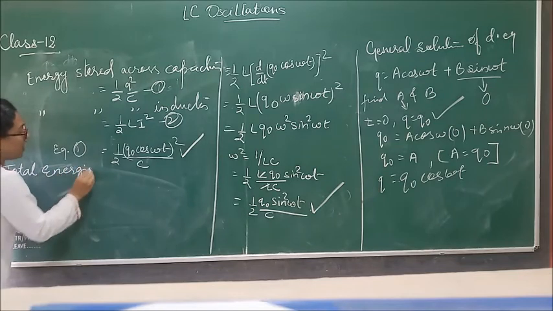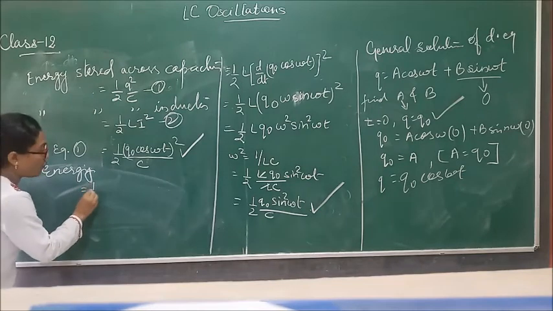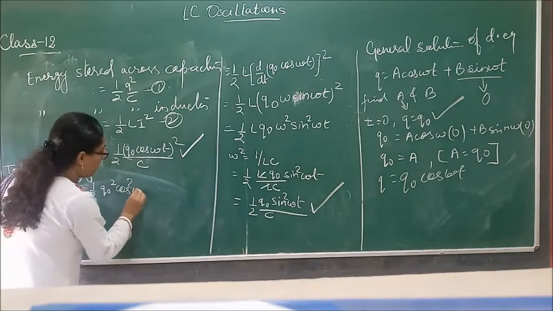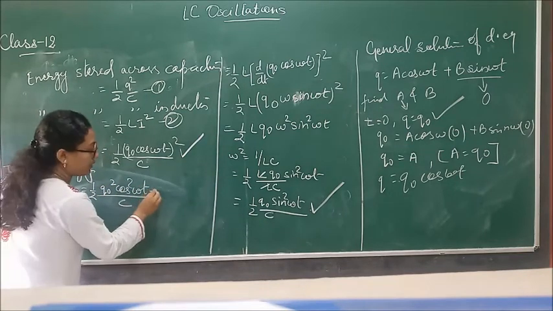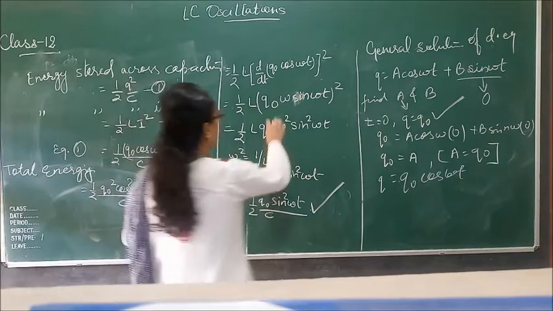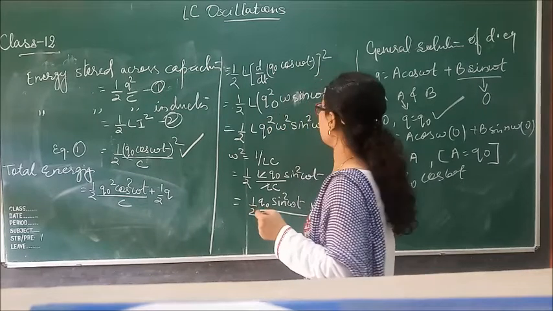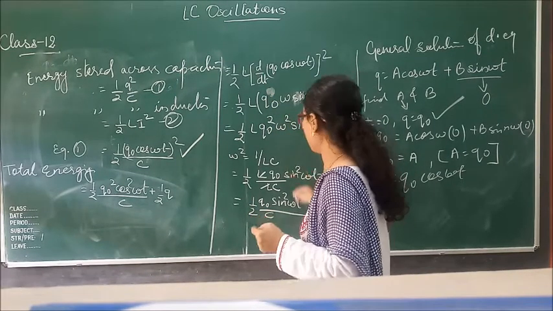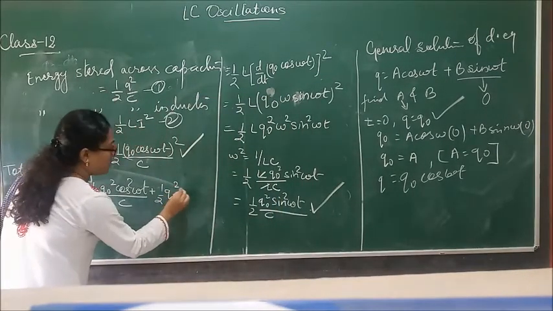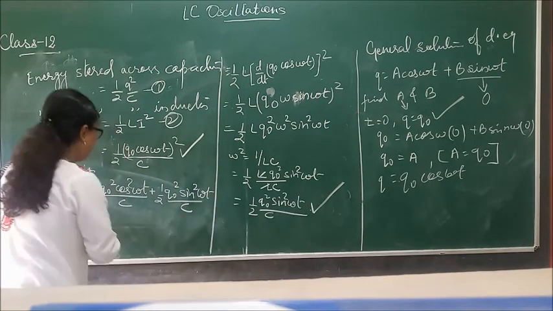टोटल एनर्जी वी विल गेट द टोटल एनर्जी across capacitor and across inductor, so that I am going to add it, 1 upon 2 q naught square cos square omega t by c, plus 1 upon 2 q naught square sin square omega t by c. यहाँ पर स्क्वायरिंग थी तो सबकी स्क्वायरिंग थी, मीन्स q naught की भी स्क्वायरिंग, ओके.